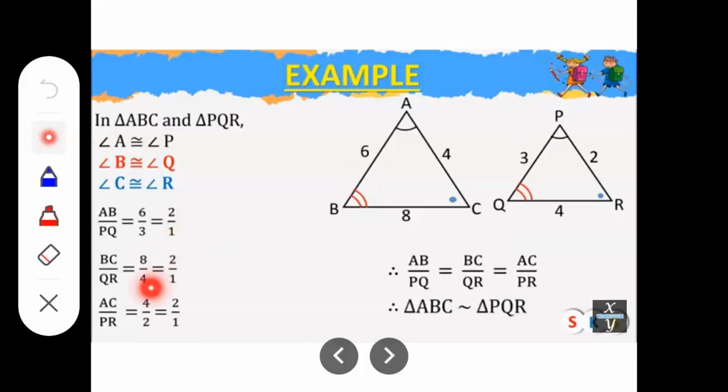Then for each ratio, after putting the values, the final ratio is 2 by 1. Here also 4 by 2 gives the reduced value 2 by 1. So all the ratios have the same value, that is 2 by 1.